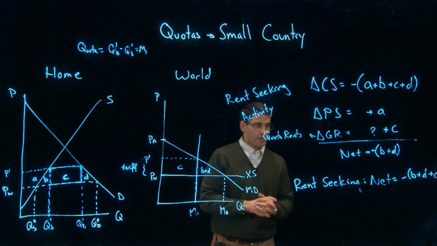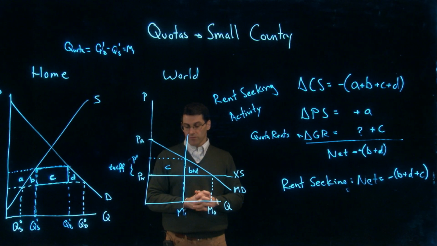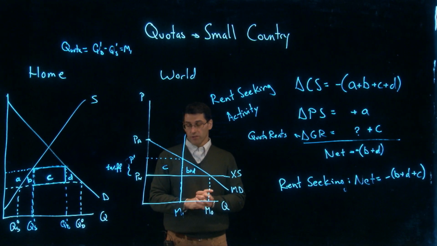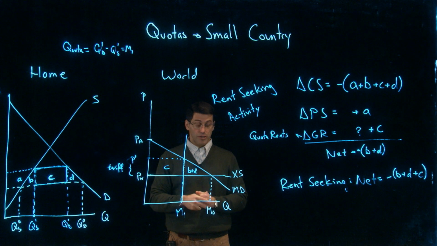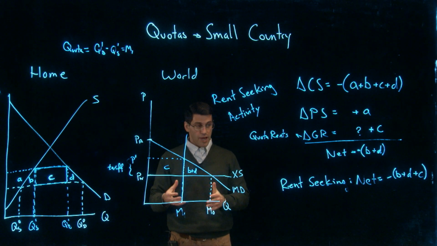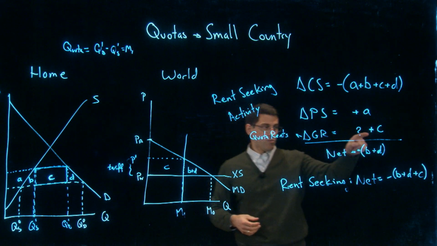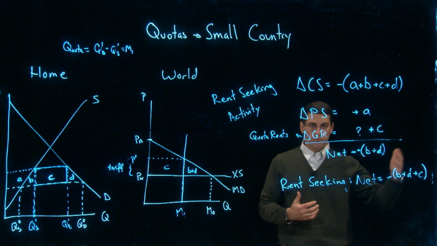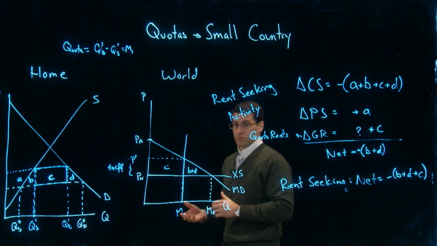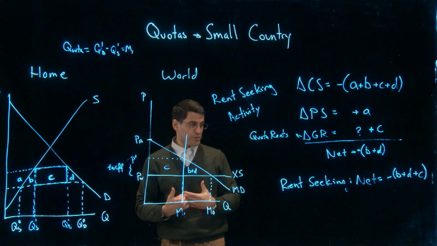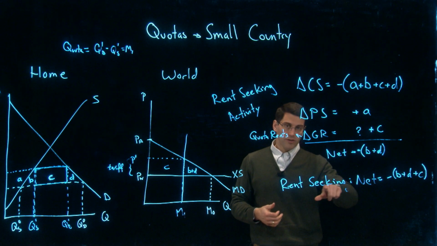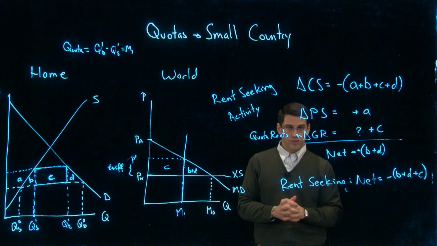The last scenario you want to consider is a case where you give the licenses to the exporting firms in the foreign country. In that case, that C, that quota rent, goes to foreign producers. That's going to make them happy, but as far as the domestic welfare scenario, you get the same net effect as the rent-seeking case.